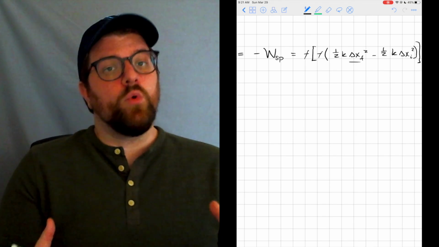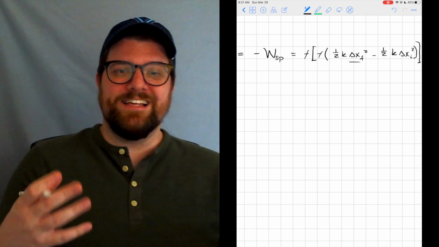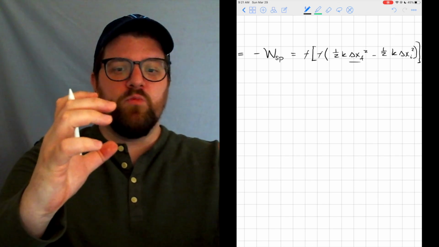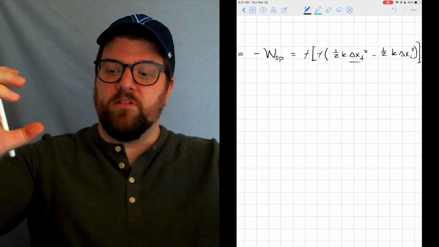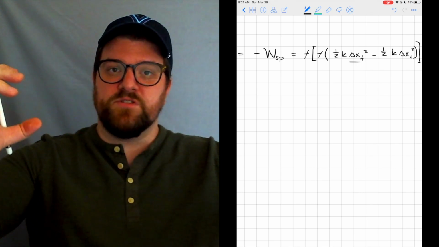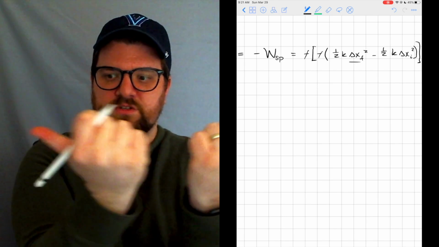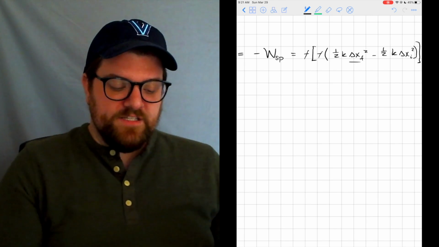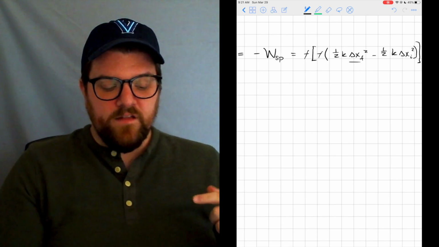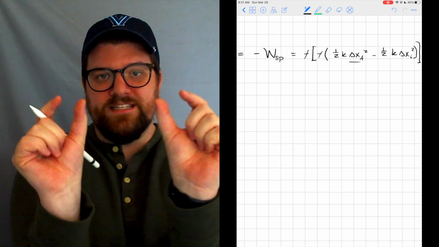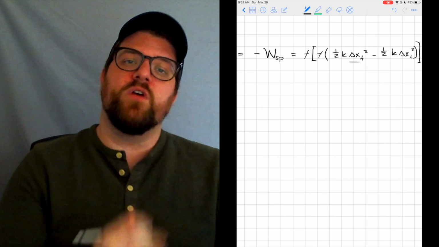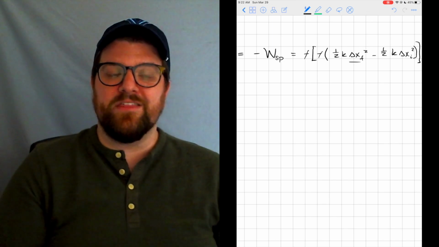There's no restorative force from the spring when it's at its equilibrium length. Now, when we deviate from the equilibrium length, when we stretch it, there's a restorative force inward. When we push on it, there's a restorative force outward. And so this delta x is showing the displacement from my equilibrium length.